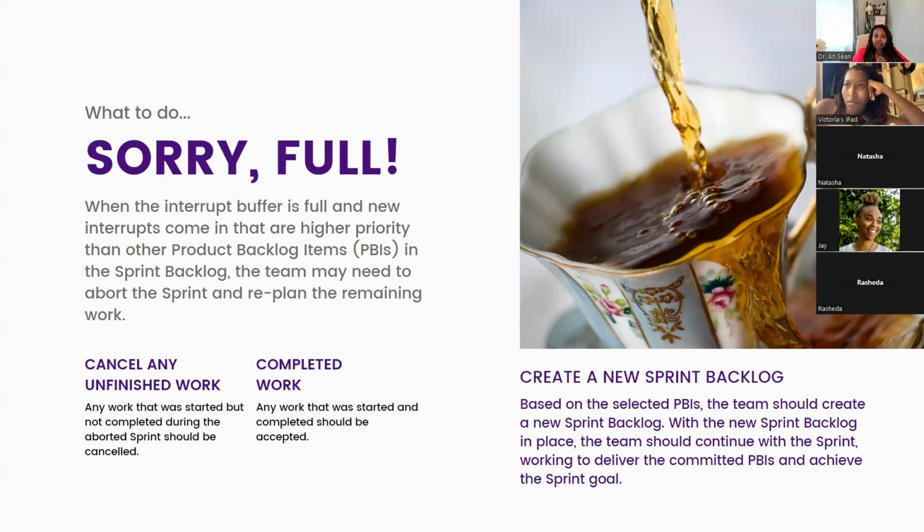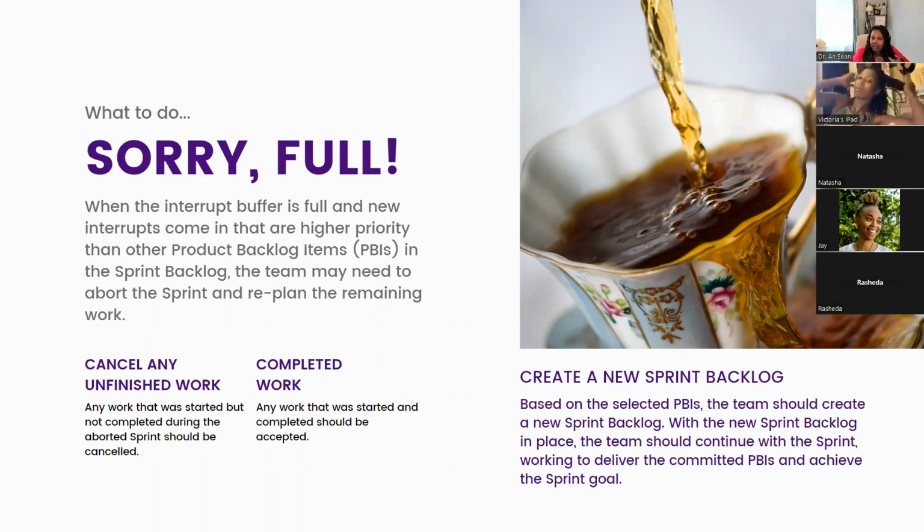Because when the interrupt buffer is full and new interruptions continue to come in that are high priority, we call them the PBIs. That's when we need to start replanning that sprint work. We need to look at the sprint work and reprioritize. And y'all know my famous saying, if something is now high priority, that means something has been deprioritized. And we do that negotiating.